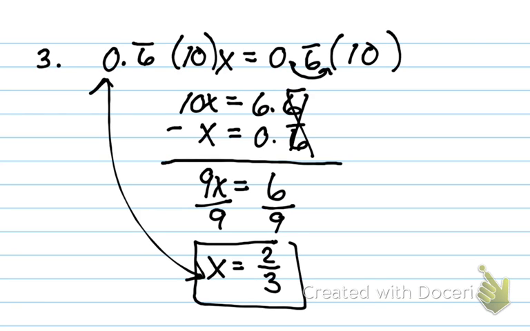So you might say, Miss Kinder, I just knew that. I knew that it was 2/3. I want to believe you, and I do believe you. However, for the sake of this quiz, you still have to show me setting up the equation. And here's why. There's going to be repeating decimals that you don't have memorized, and you have to know how to convert them. So I'm just as much grading you on your work as I am coming up with the right answer.